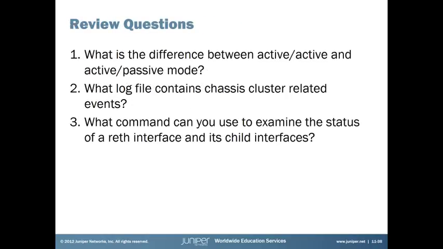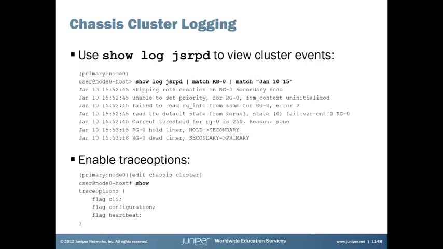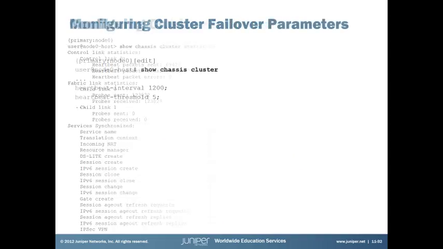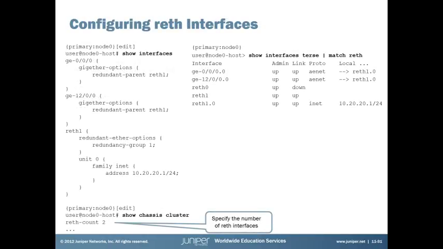Okay, what command can you use to examine the status of a reth interface and its child interfaces? If we just go and take a look at our show interfaces, we can see we've got reth and the child interfaces that relate to that reth.